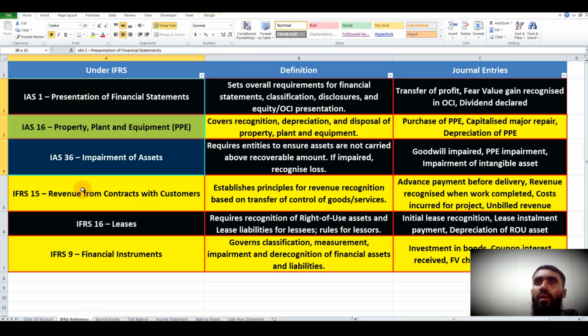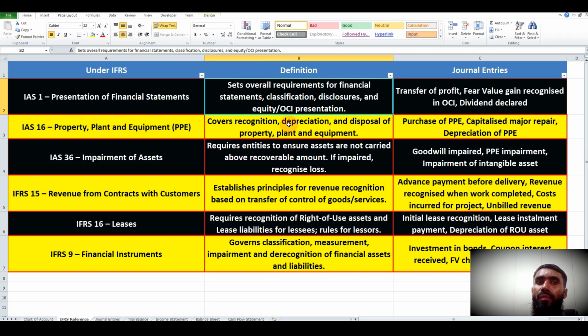Now you need to know what these are and what the purpose of these rules is. If you want, in further classes I will also show you what IAS 1 is.